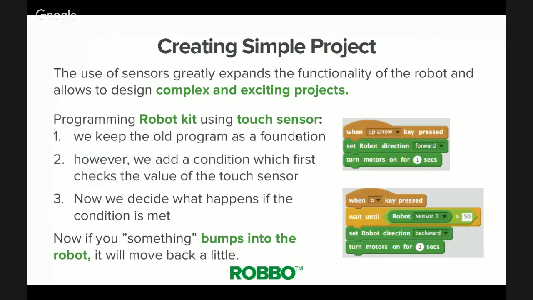For example, you can see that I have the up arrow for just moving 1 second forward, and I have a B key from my keyboard to initiate the program with the sensor. If you have 2 Bs or 2 Cs or 3 As, the robot, like any other electronic device, won't know what you want it to do when starting 3 programs which run simultaneously. It rarely happens.